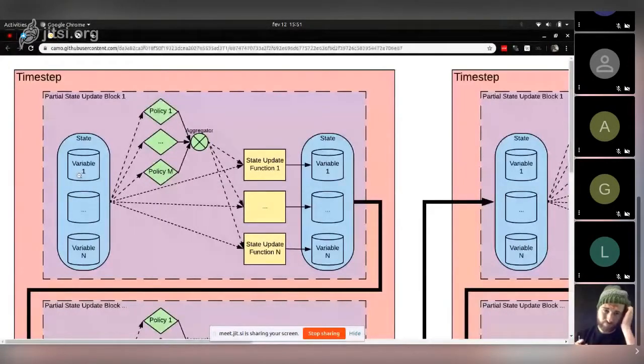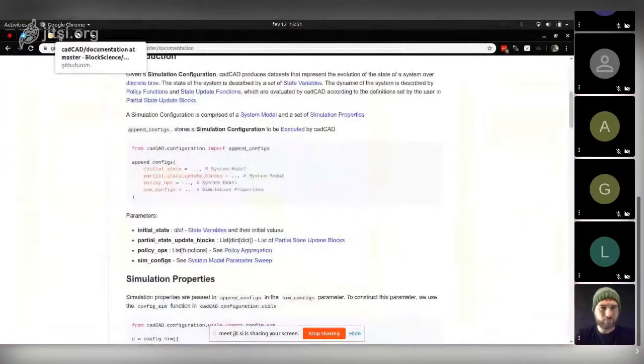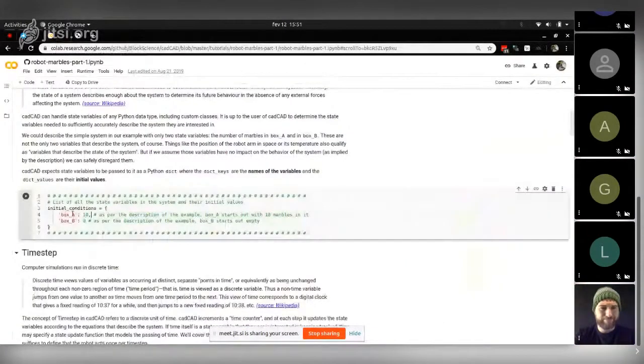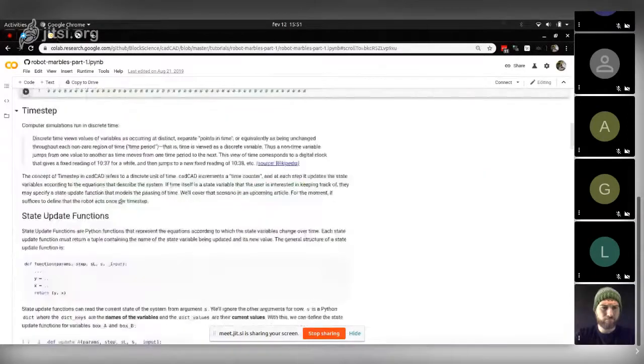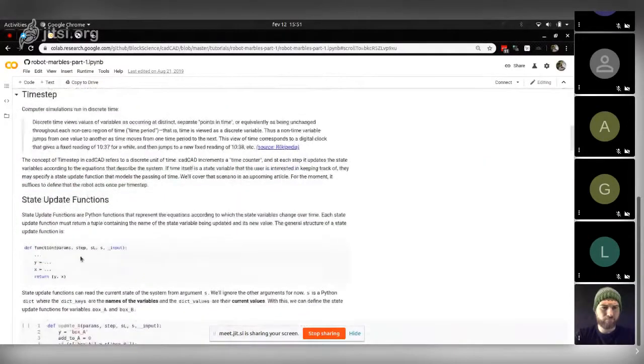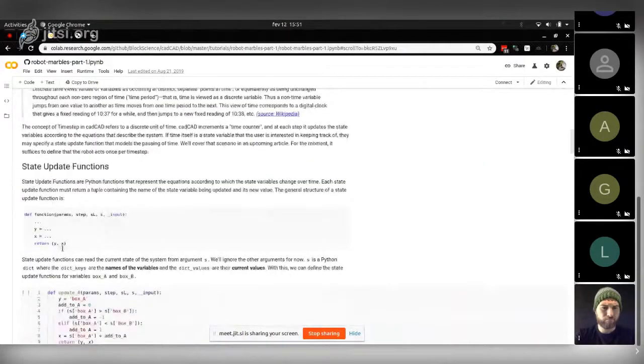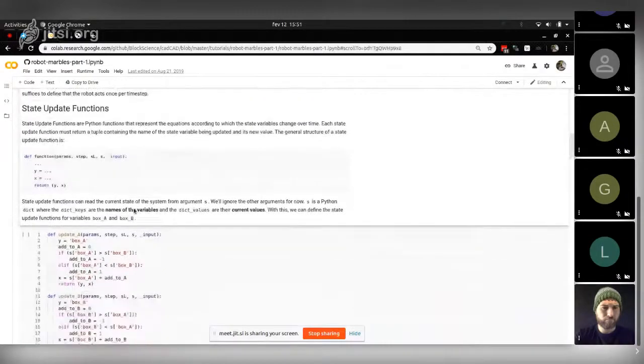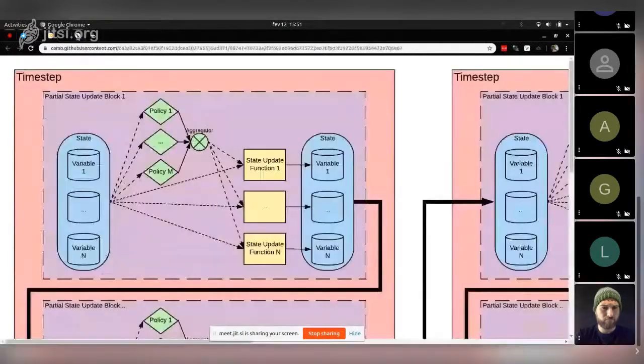This is the initial conditions. And here you declare the variables and what values they take, which can be numbers, can be objects, anything as you would like. And after that, another important thing is that you have the state update functions, which is these things. What happens in the presence of policies or even in the absence? They always happen and they update the variables.